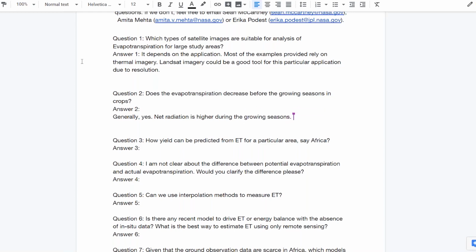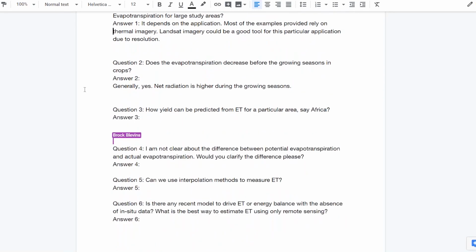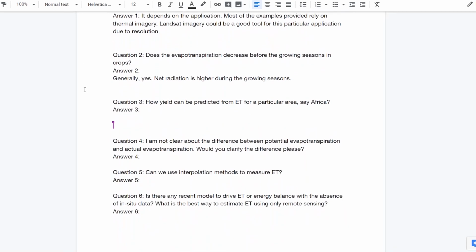Great. Question 3. How can yield be predicted from ET for a particular area, say Africa? The hardest part with trying to predict yield is you really need good observed yield from previous years to build relationships. If we have 20 years of evapotranspiration data and 20 years of good quality yield data at the field scale, you can start to build machine and deep learning methods to predict yield.